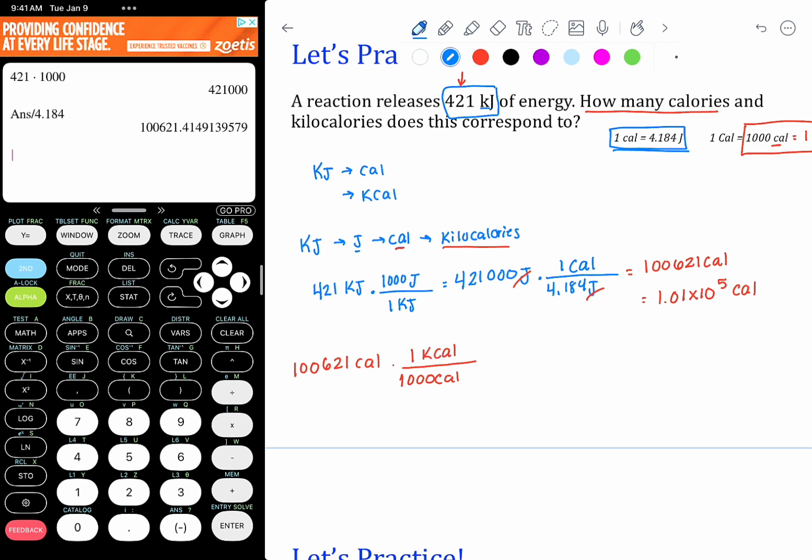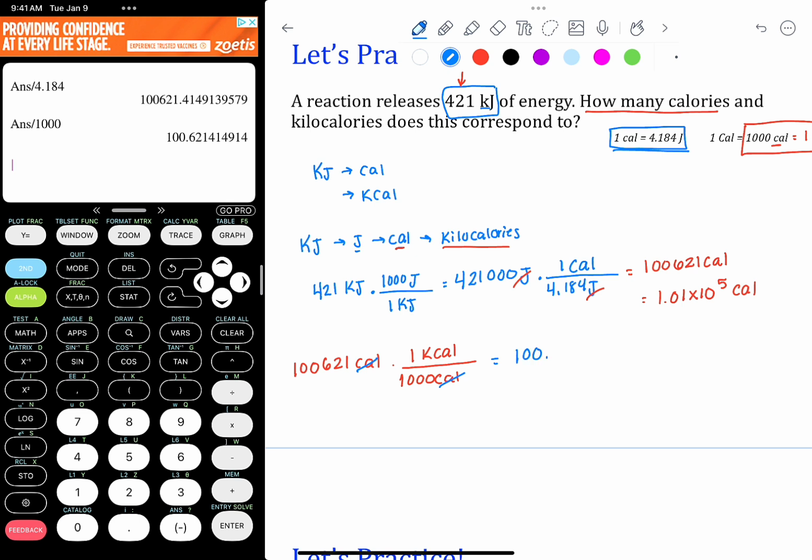That way our units cancel, calories will end up canceling, and we're left with units of kilocalories. So we'll take that 100,621 and we'll divide it by 1,000, and we get out 100.621 kilocalories. With sig figs, this would be 101 kilocalories, which you could also write as 101 capital C calories.